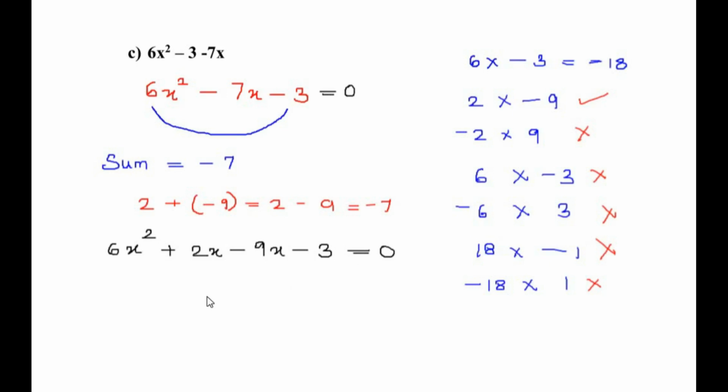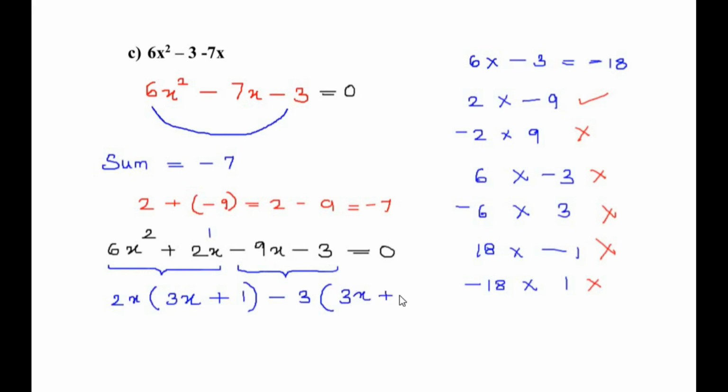Now again factorizing them by taking out the first 2 terms and the last 2 terms, we have 2x common from these 2 terms, so 2x will be out of the bracket, and within the bracket we have 3x, and since we have taken out 2x, here we have just 1, so plus 1. And here we can take the negative 3, and in the bracket we have 3x. Since minus is taken out, we are left with plus 1 is equal to 0.